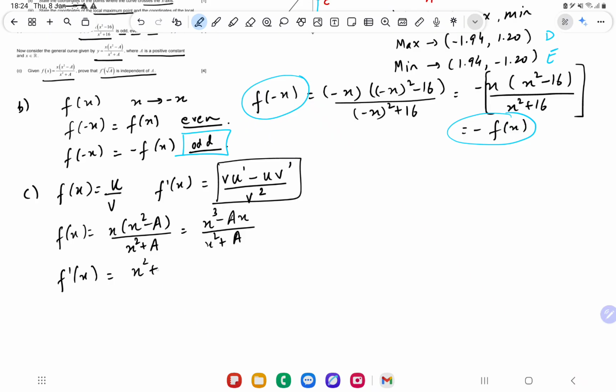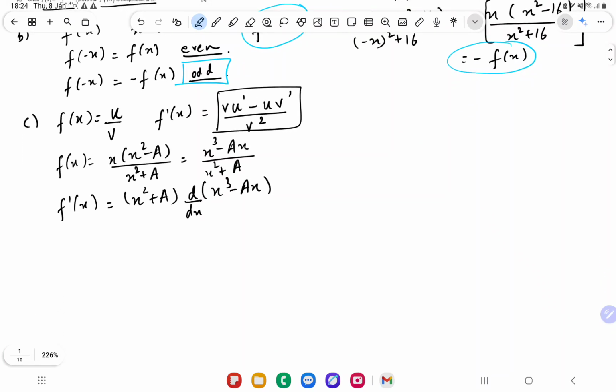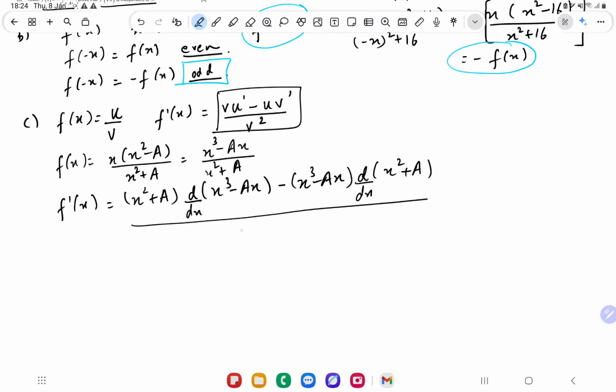So v is this and u dash means d by dx of x cube minus ax, minus u as it is, d by dx of v dash, whole divided by v square.